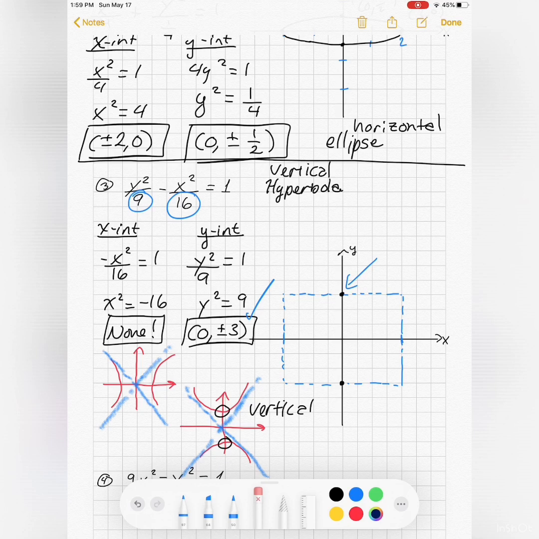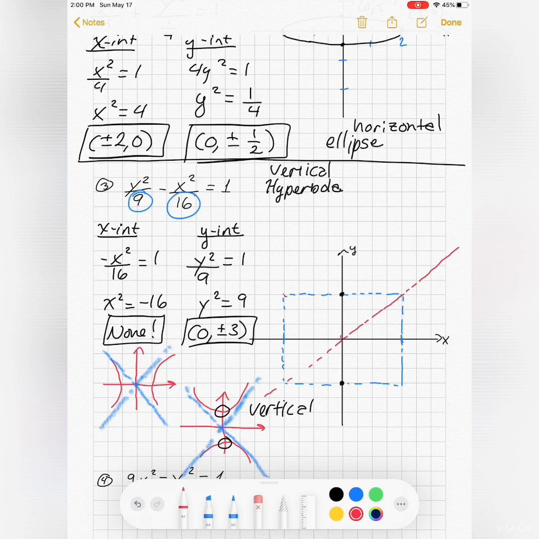And so it turns out that the asymptotes go through the corners of that rectangle. Okay, oops. I'll try to do a very good job on this side. Let's try this side again.